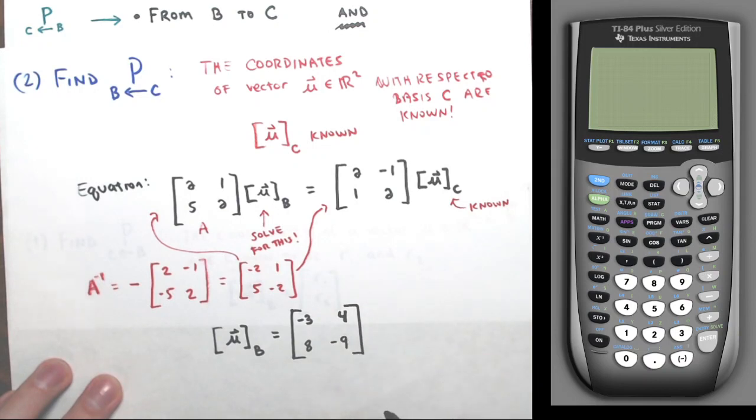All right. Okay, and then times the coordinate vector with respect to C there.